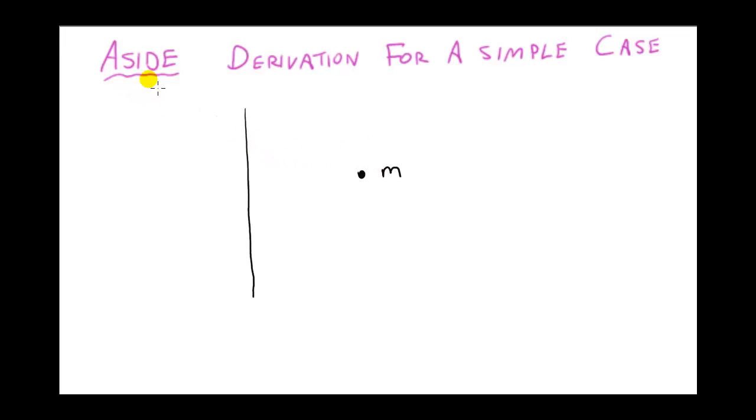Finally, as an aside, we will consider a derivation of the principle of angular momentum for the very simple case of a system that consists of just one particle of mass m. So we will consider the angular momentum of this system, just this particle of mass m, about this fixed axis. Let's suppose that the perpendicular distance of m to the axis is r. Suppose initially, for simplicity, that there are no forces acting on m, so m is just sitting here.